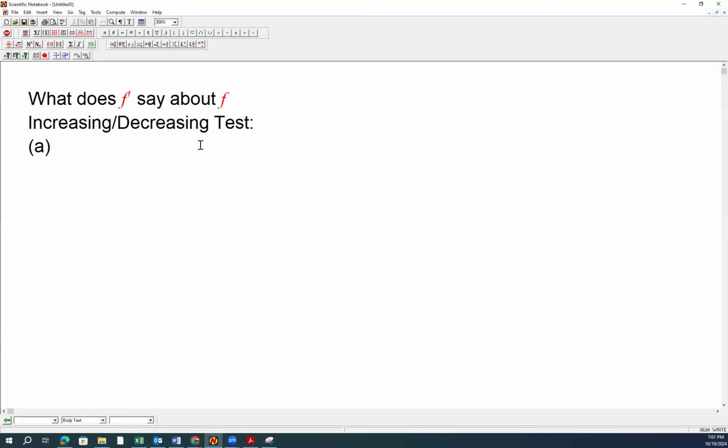First, it says if the first order derivative is greater than 0 on an interval, it could be (a, b) or whatever interval, but not a single number, then f is increasing on the interval.